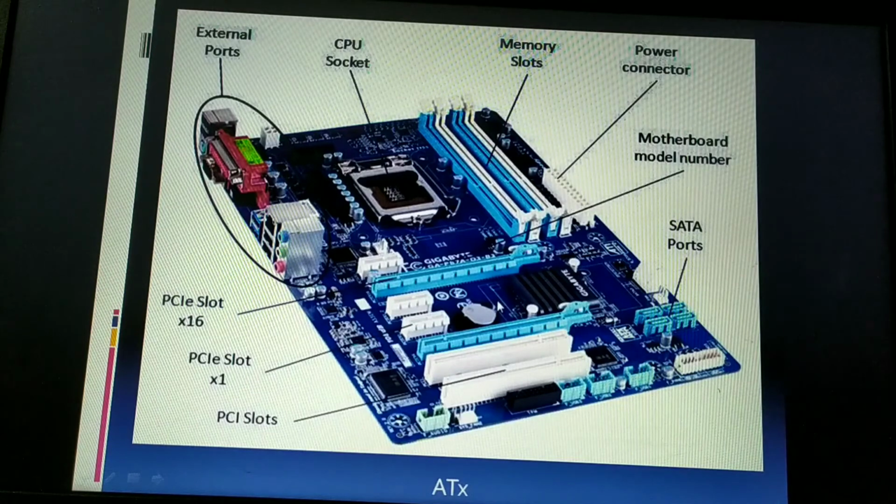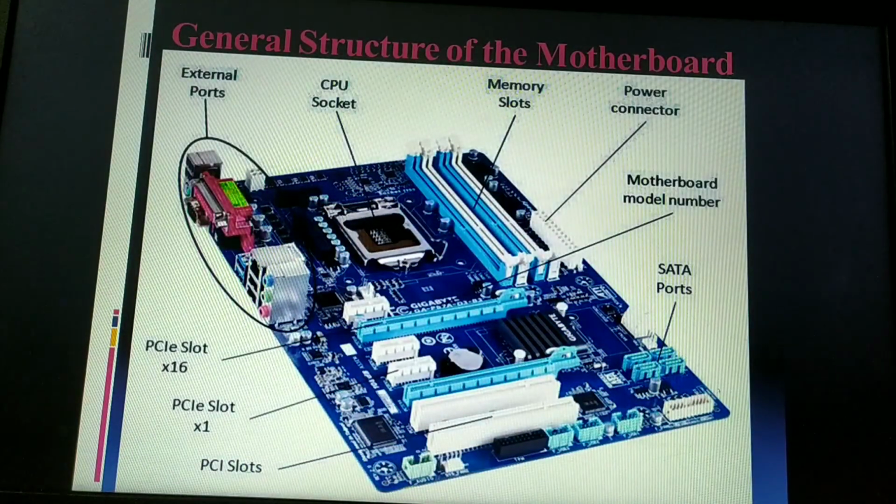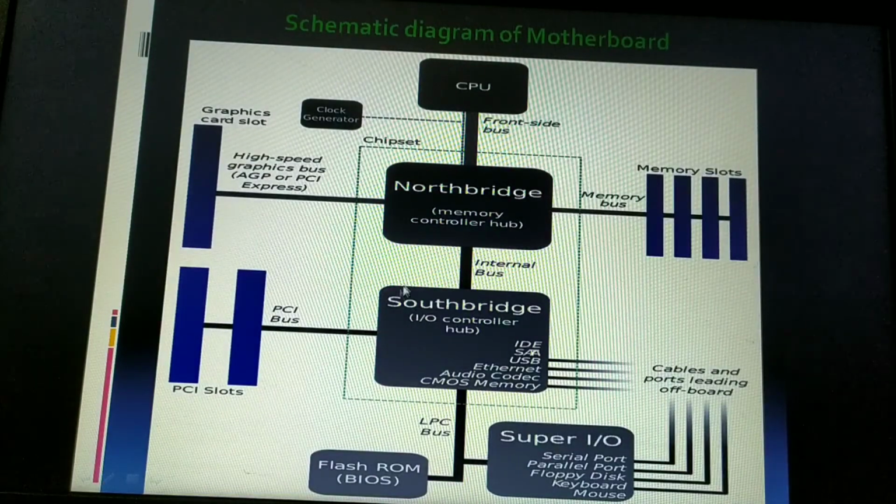That means the data transfer between the various components using the peripheral component interconnect express slot is higher comparatively to the PCI or the ISA slots. Here I can show you the different slides. Here this is nothing but the high speed AGP or the PCI Express slots, and this is the PCI bus. With this PCI Express slot, the data transfer is very high compared to the normal PCI slots or the ISA slots.